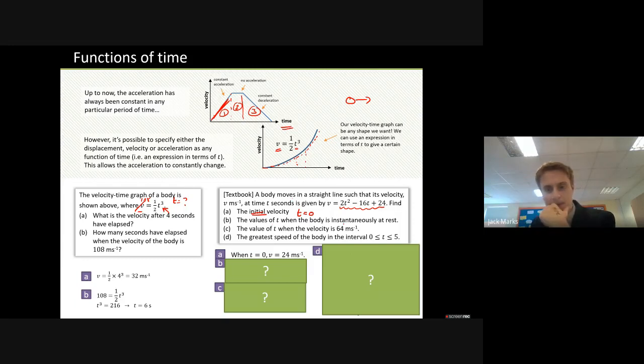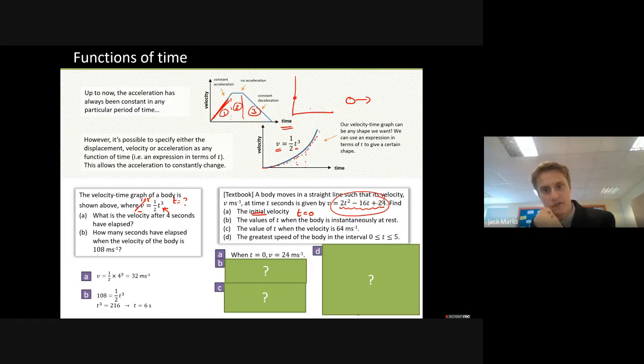Now, let's think about this a little bit more. So this is a bit more complicated than just a particle going to the right-hand side. What are the values of t when the body is at rest? Well, you can see initially it's not at rest. Initially, it had a speed of 24. So why would it sometimes be at rest? Well, it's easier to see if you sketch out that graph. I don't know exactly what this looks like.